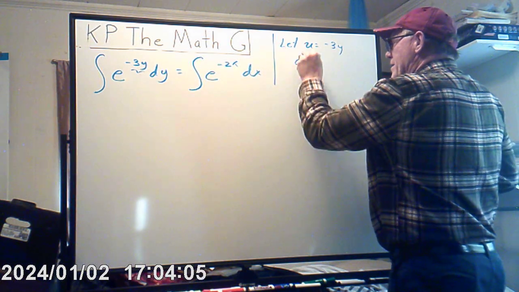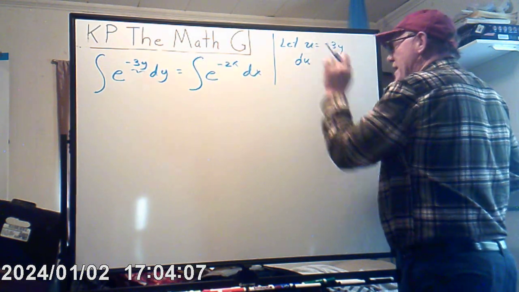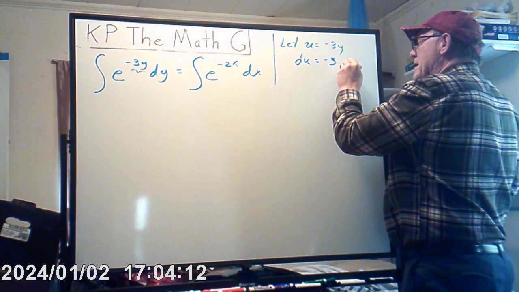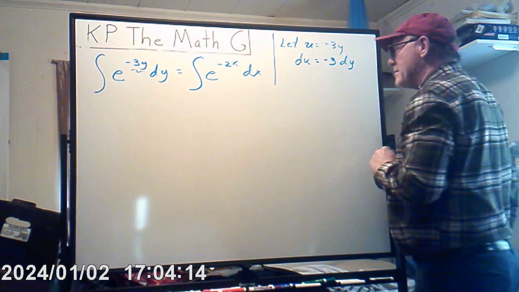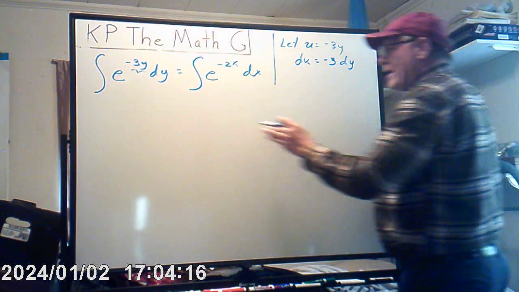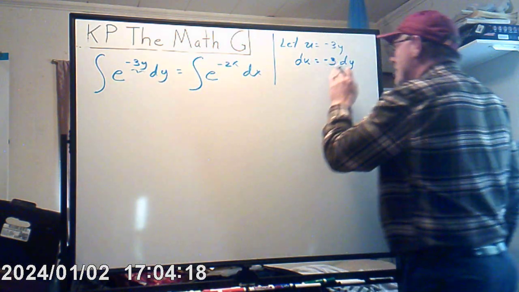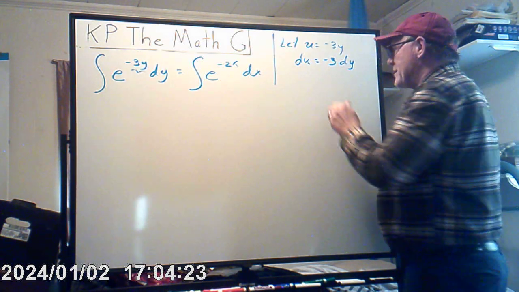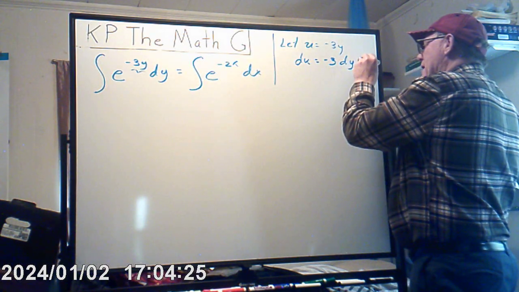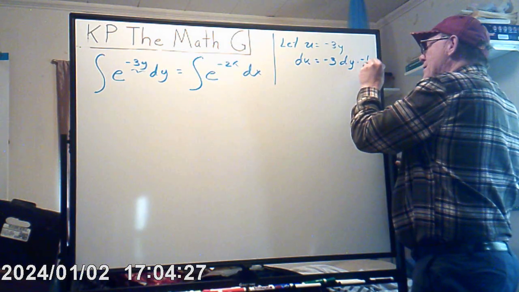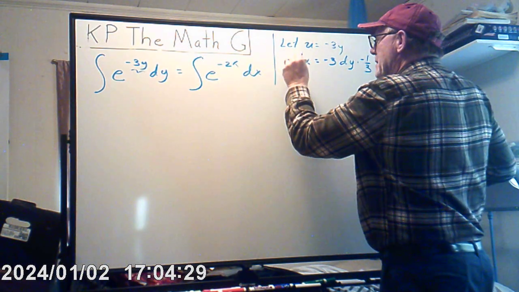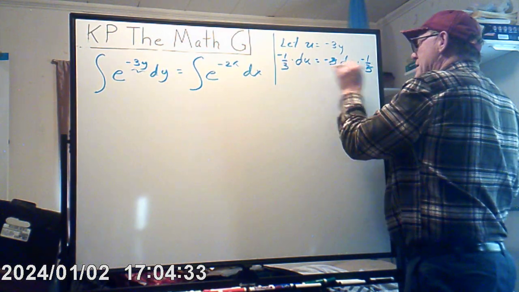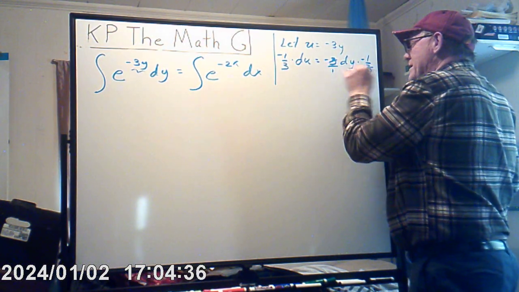Then du, the derivative of u, is negative 3 dy. Well, I've got dy, but I got negative 3 dy over here. So I want to multiply by negative 1/3 on both sides. Notice that's over 1, remember, that divides out.